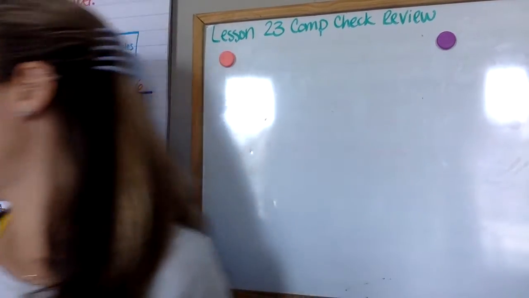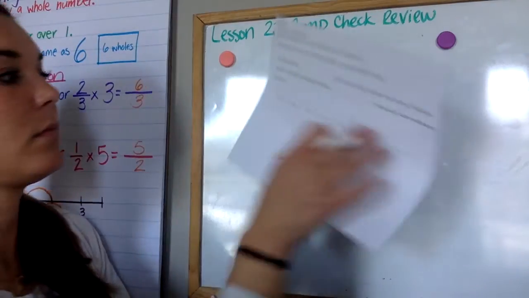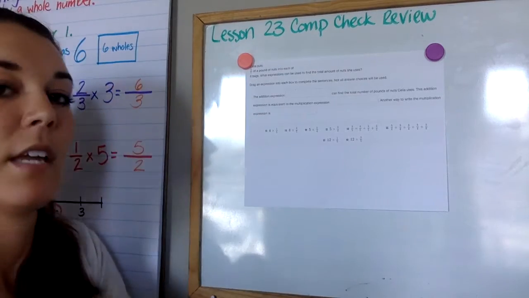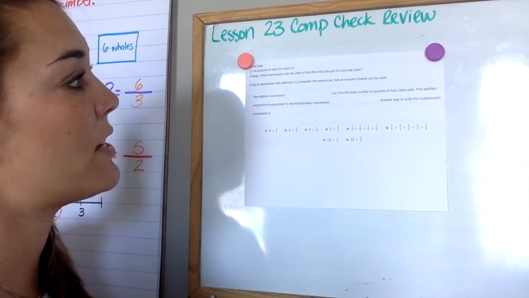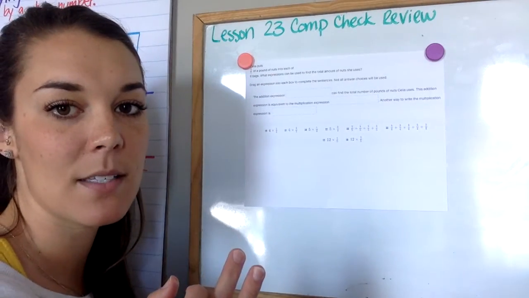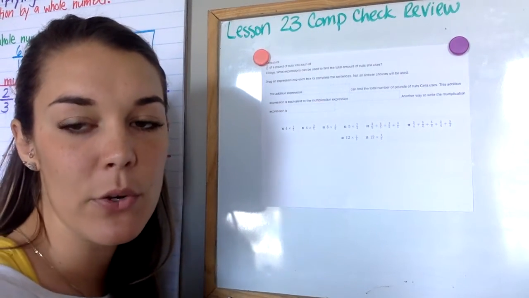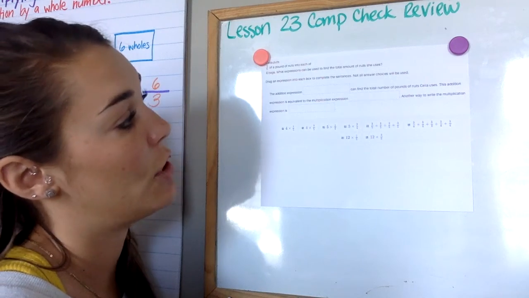Last example. You're going to see something like this. It reads, Celia puts 3/5 of a pound of nuts into each of 4 bags. Sorry, this is hard to read. What expression can be used to find the total amount of nuts she uses?